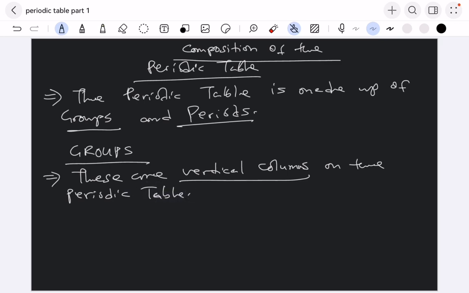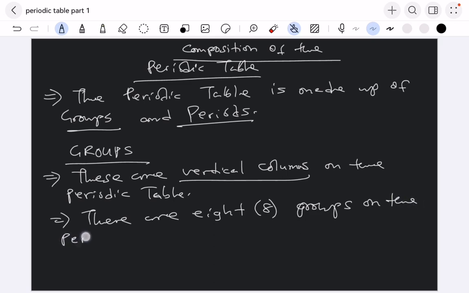These are vertical columns on the periodic table. There are eight groups on the periodic table.